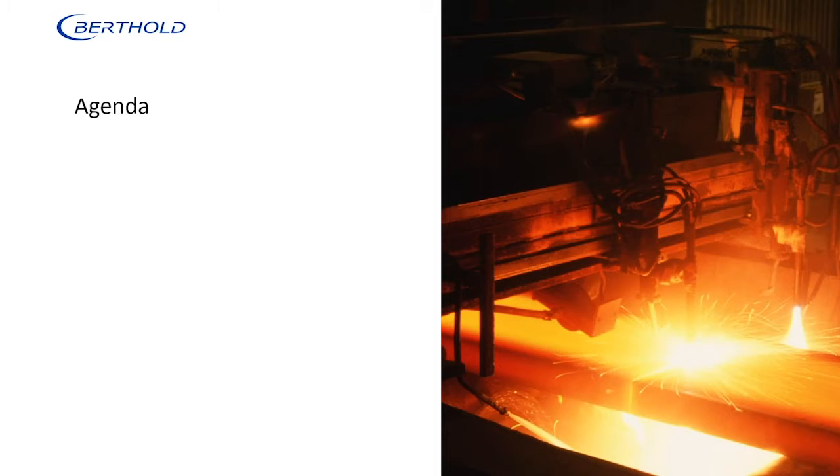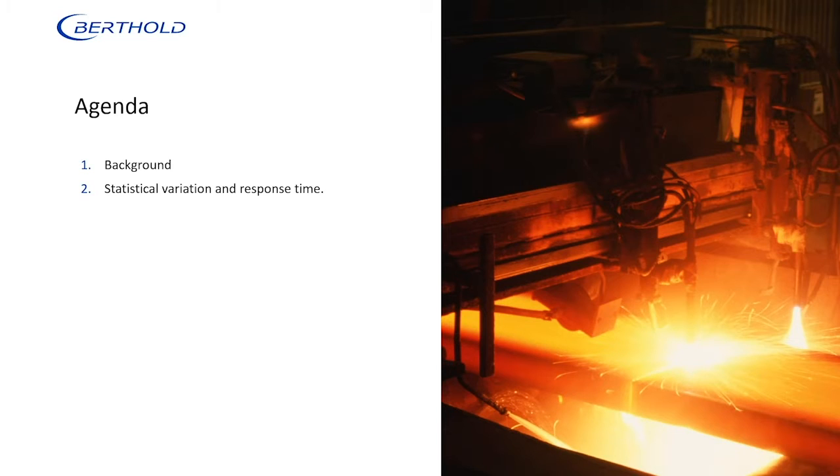So let's have a look at the agenda and what I have prepared for today's webinar. First, I would like to mention a few words about Berthold, and then also about the basics of a radiometric mold level measurement. This is what I call background here. Then we take a look at statistical variation and response time of a radiometric level system.